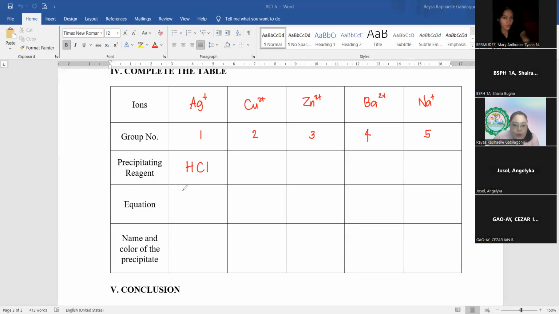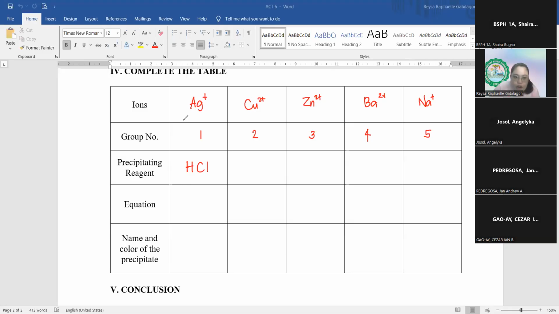Okay, so ang equation natin nito, ano lang ito, ion plus the precipitating reagent ha. So our ion was silver, pero that was in the form of silver nitrate. Tapos, yung ating reagent was hydrochloric acid. Okay, again, wag na isama yung 2N kasi that was just the concentration.